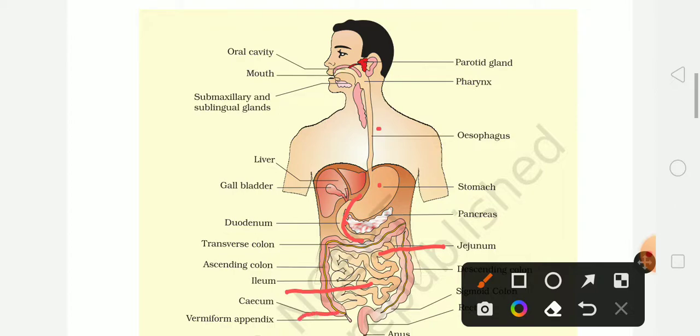Here you can see the cecum, and from the cecum you can see the vermiform appendix, which is a vestigial organ. The cecum hosts symbiotic microorganisms. From the cecum comes the colon. This is the ascending colon. This is the transverse colon.